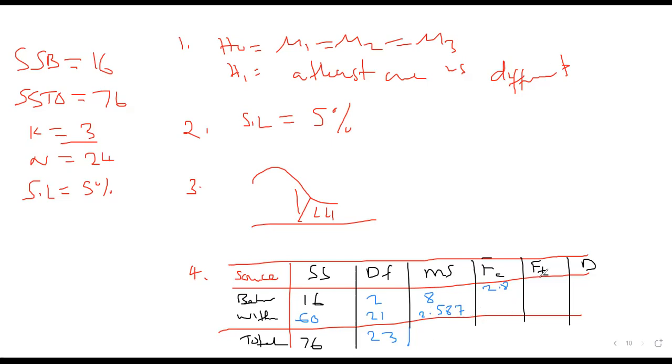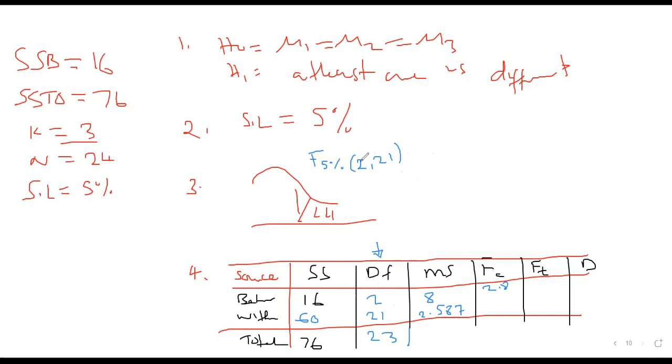Then what are the coordinates here for the F tabulated? So 5% against 2, 21, right? Where's the 2, 21 coming from? From here. 5% was given, alpha 0.05.